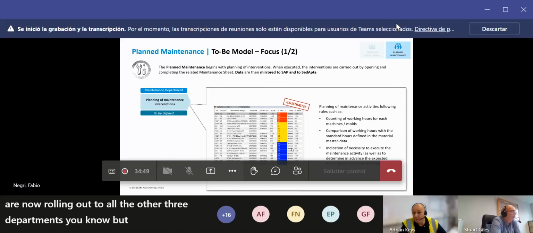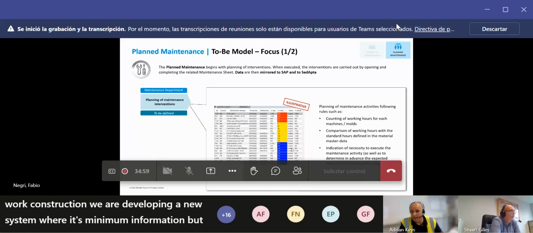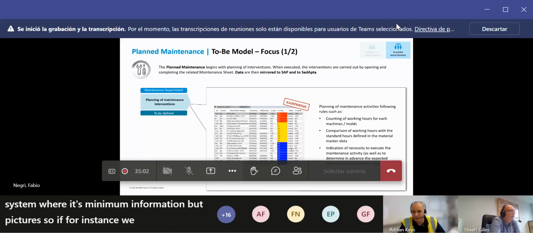For the service schedule work instruction, we are developing a new system with minimum information but pictures. So if we have to lubricate a part of the machine, the instruction will be lubricate, then a picture of the task, and also where the spare parts will be located.